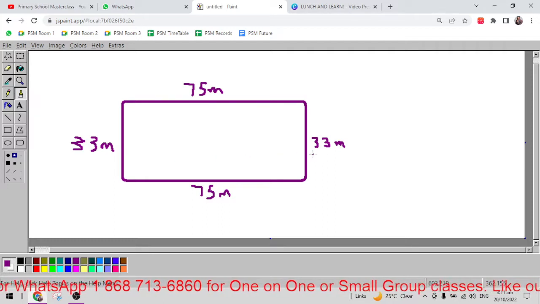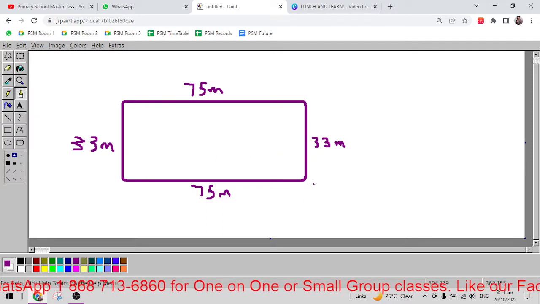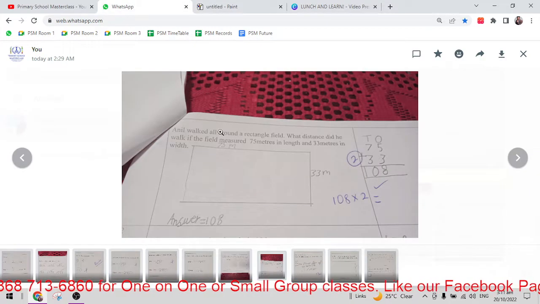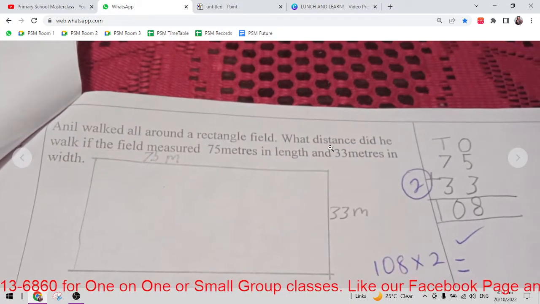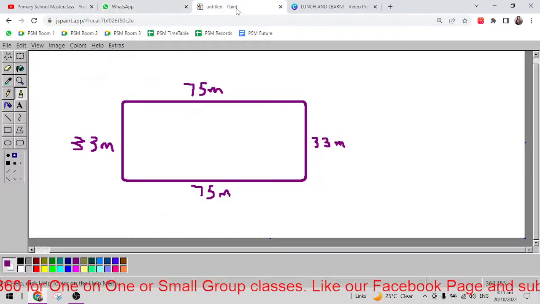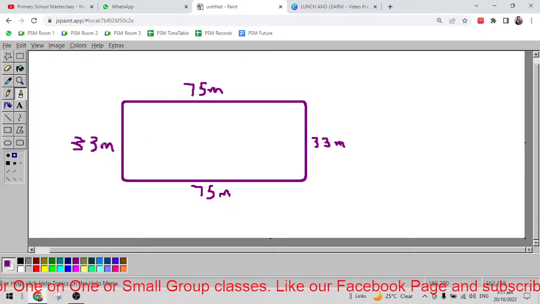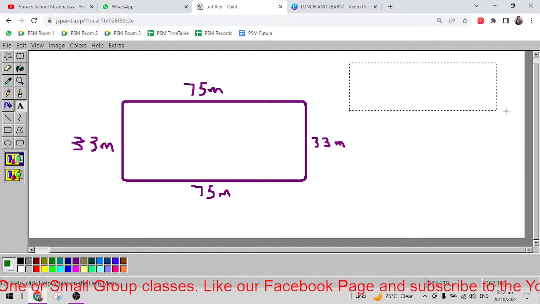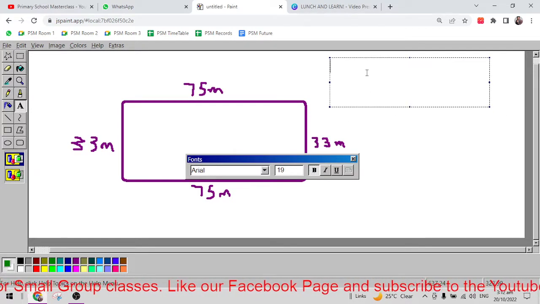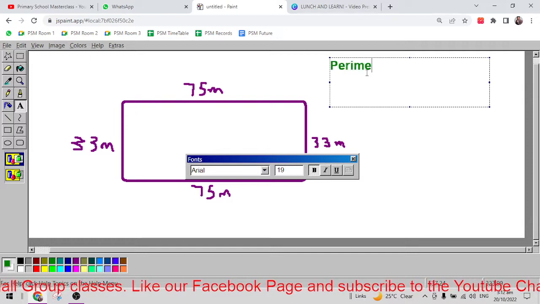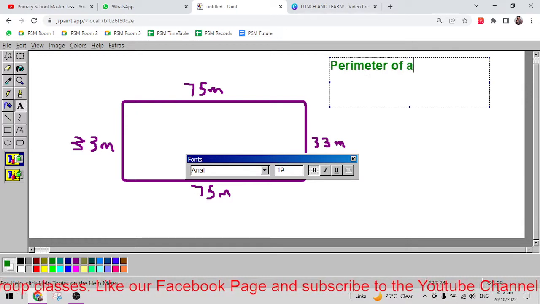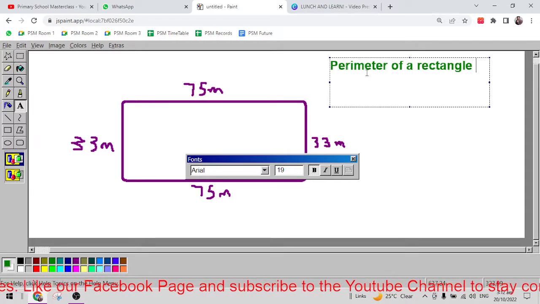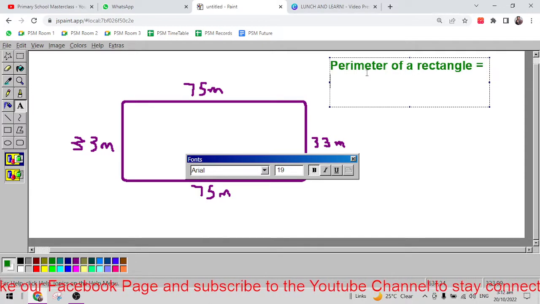All right. Awesome. So the question asks, he walked around a rectangular field. What distance did he walk if the field measured 75 by 33? Okay, so let me write this in green here. Remember, this is the formula here. Perimeter of a rectangle is equal to, many ways you could do this.